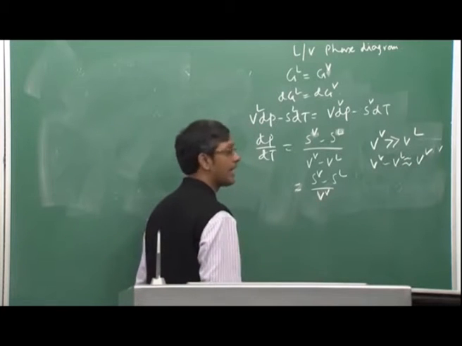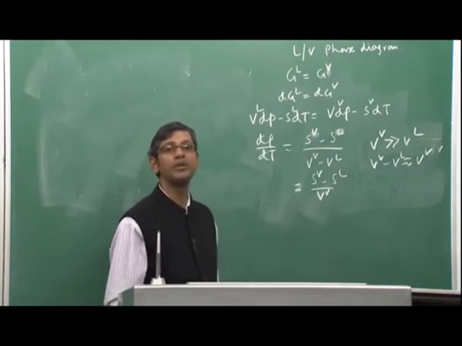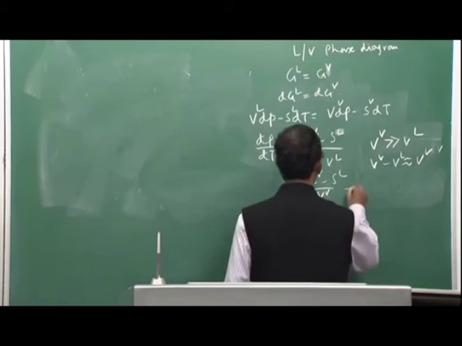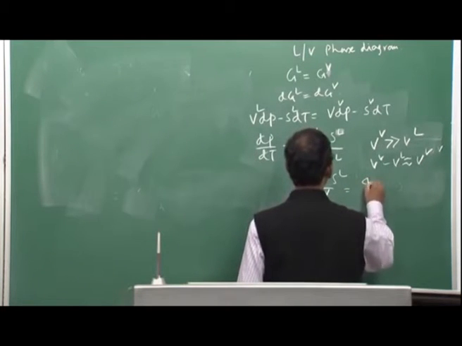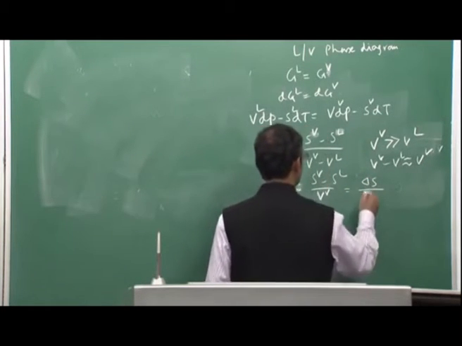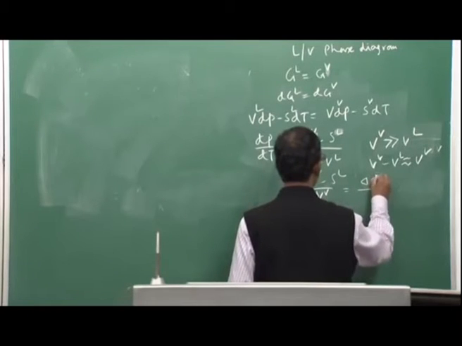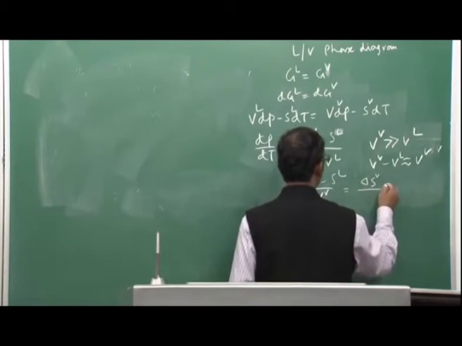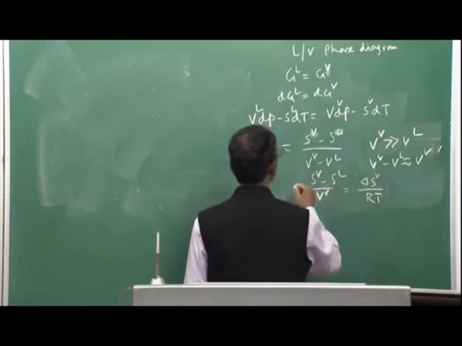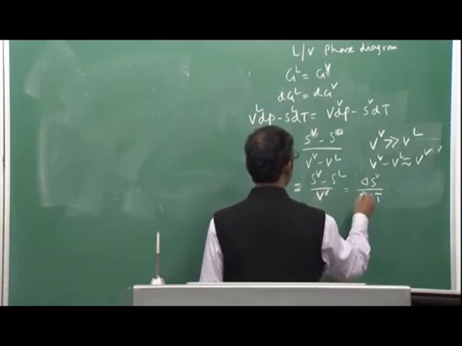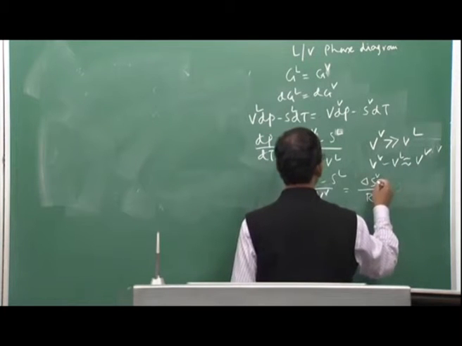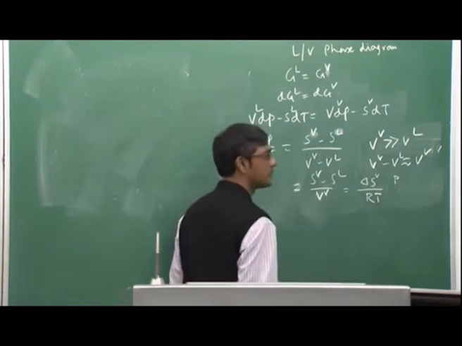And if I apply the gas law, PV equal to RT for 1 mole, then I can write this as delta S divided by delta S V actually, divided by RT, into P, correct, that is obvious.